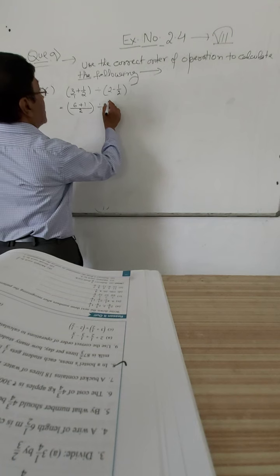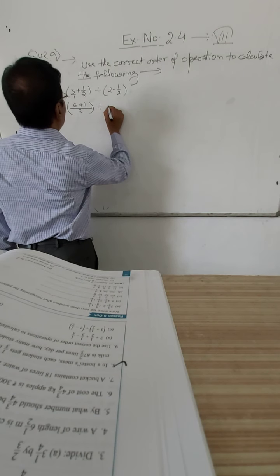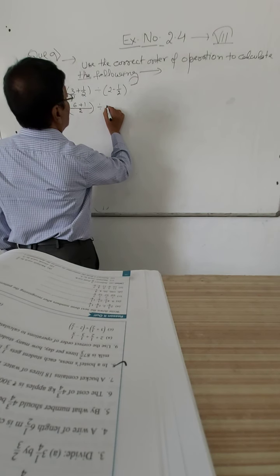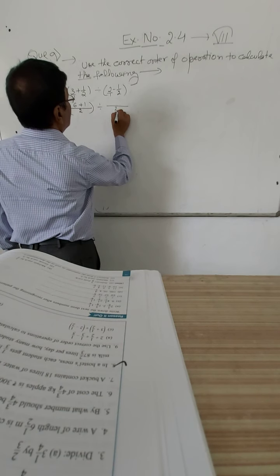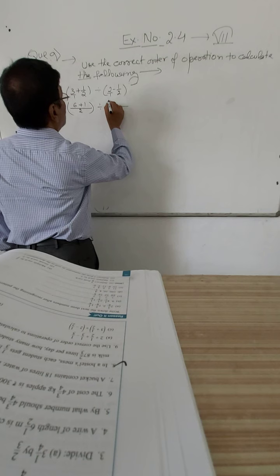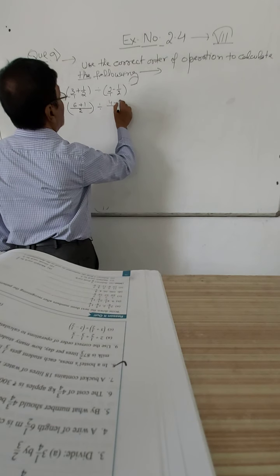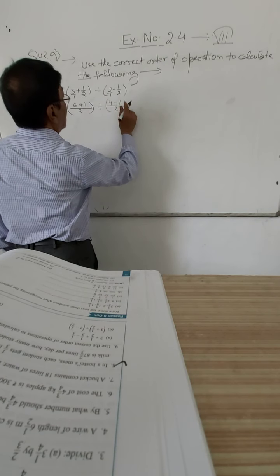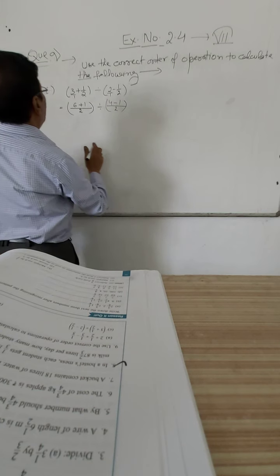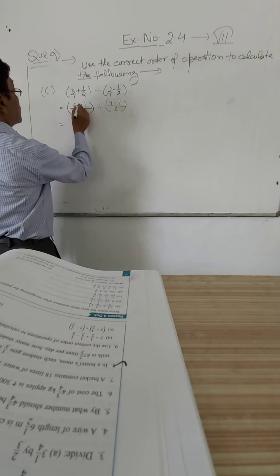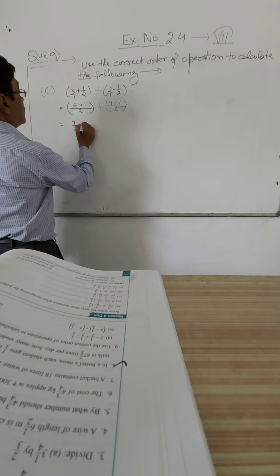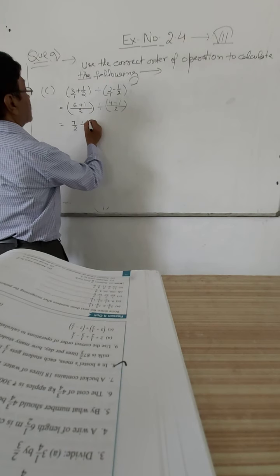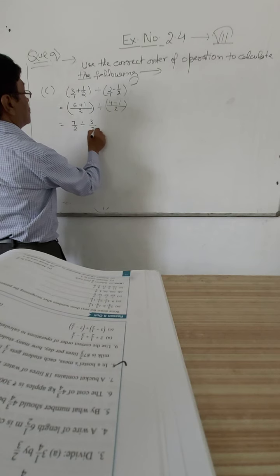Divided by, the same way for this one also, take the LCM: 1 times 2 is 2, 2 times 2 is 4, minus 2 times 1 is 1. 6 plus 1, 7 by 2, divided by 4 minus 1, 3 by 2.